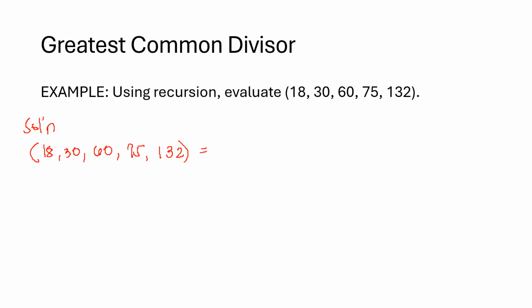This can be expressed as the GCD of 18, 30, 60, 75, and you have 132.